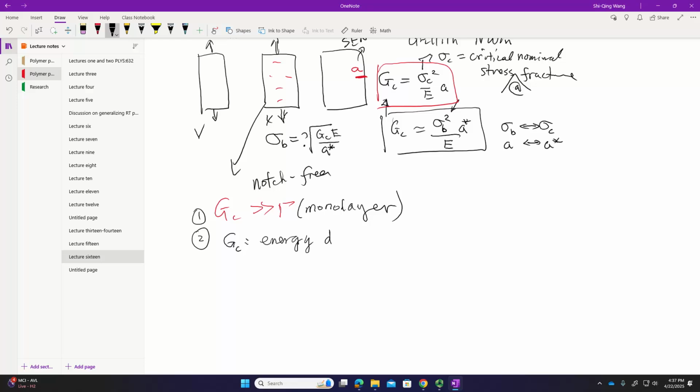The people start to say, if you only need gamma, release gamma amount of energy for fracture to occur, why do you need something thousands of times of gamma? You must have something wasted, dissipated, not used.